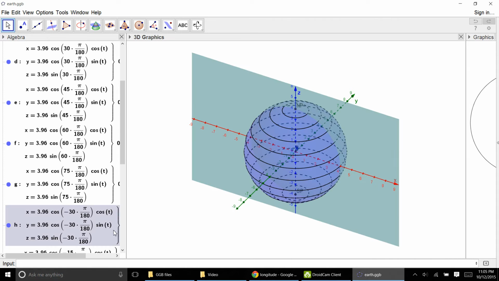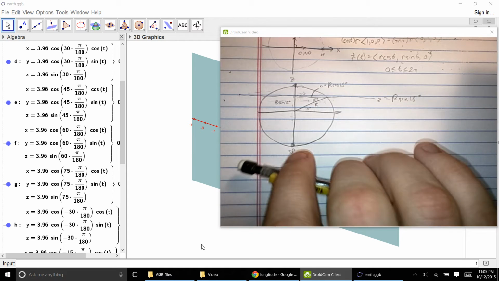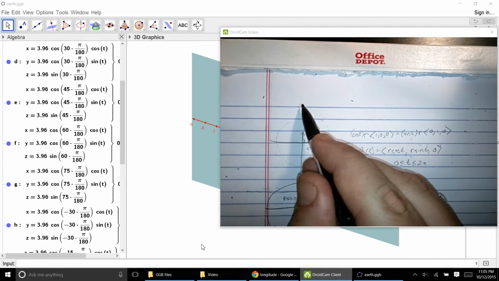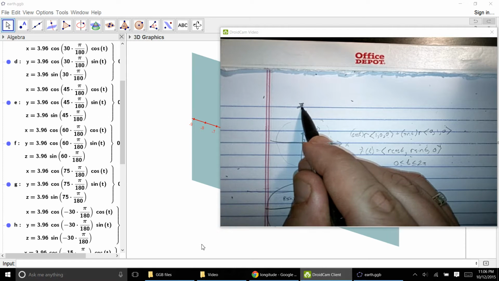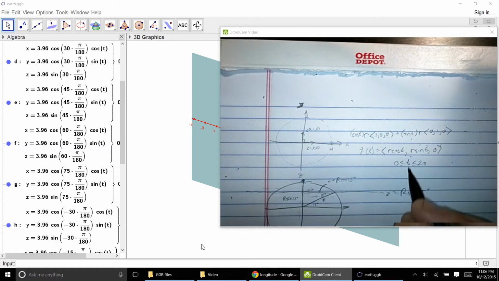But we have to parameterize that circle now. It's very much like we did with the xy plane, except it's the xz plane, so you would just make this a z. So instead of 0, 1, 0, it's 0, 0, 1.